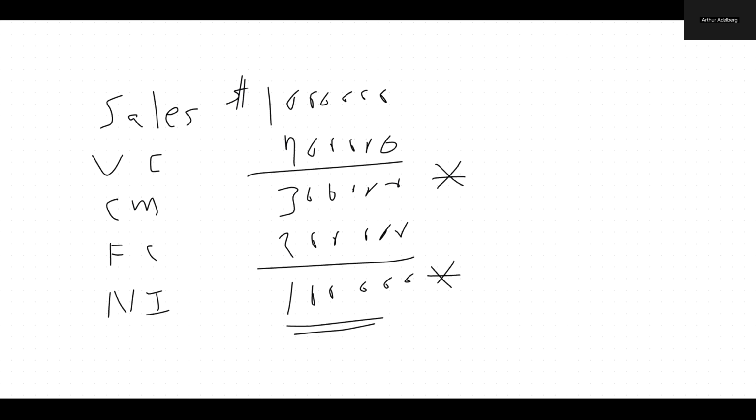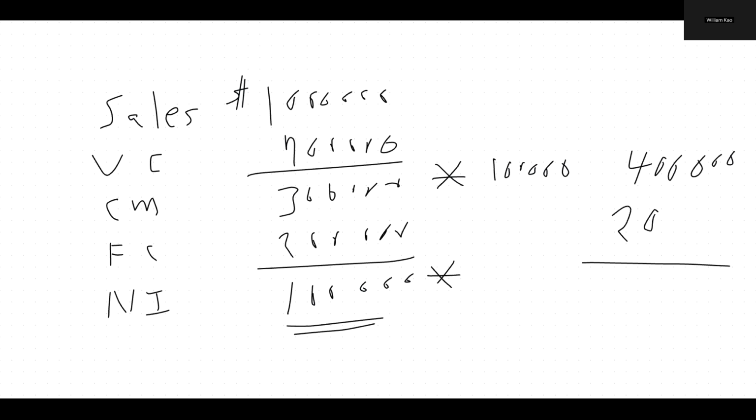So if I add $100,000 to my contribution margin, what's going to happen next? What about my fixed cost? It doesn't change.